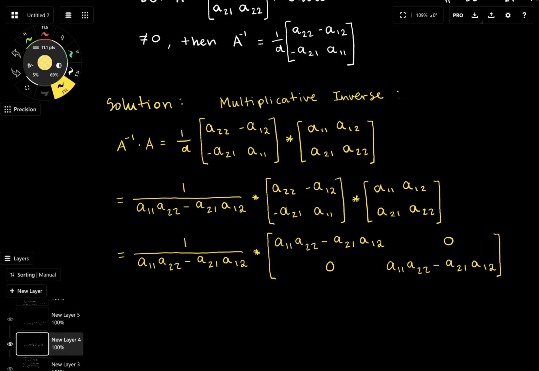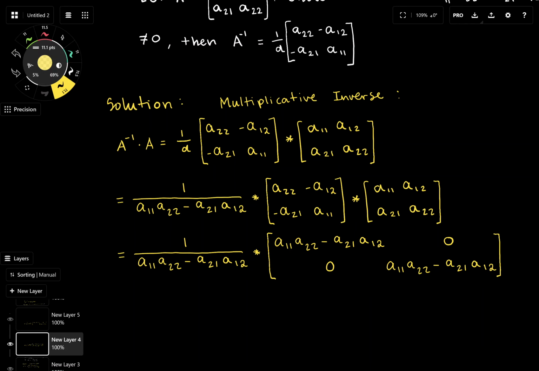You'd basically have that listed in the new matrix as A sub 1,1 times A sub 2,2 minus A sub 2,1 times A sub 1,2. And then you also put that here, because it's basically what I got when I multiplied these together.